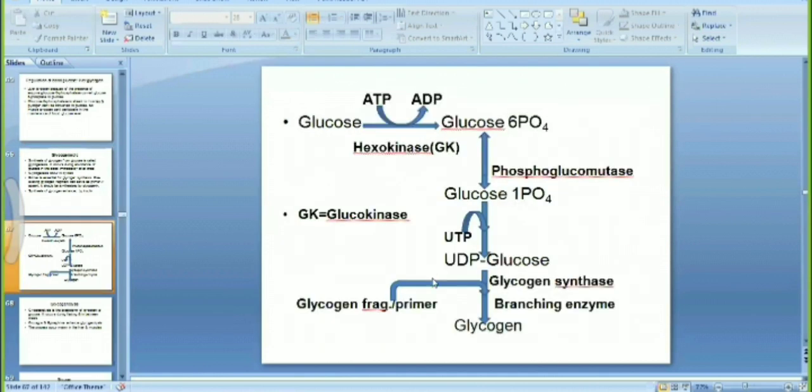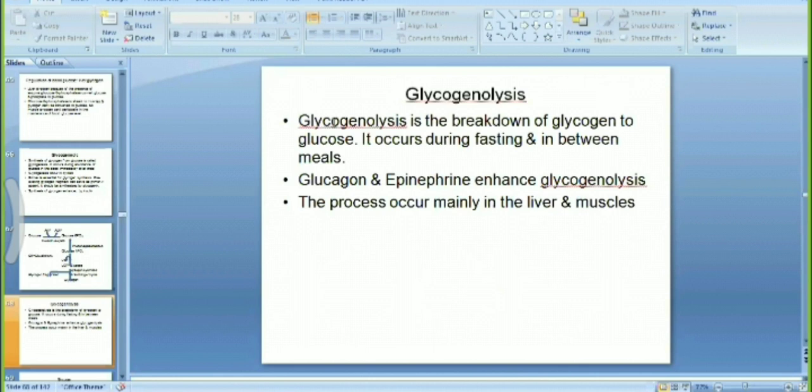So our next point is glycogenolysis. Glycogenolysis is the breakdown of glycogen to glucose. It occurs during fasting and in between meals. Is it clear?